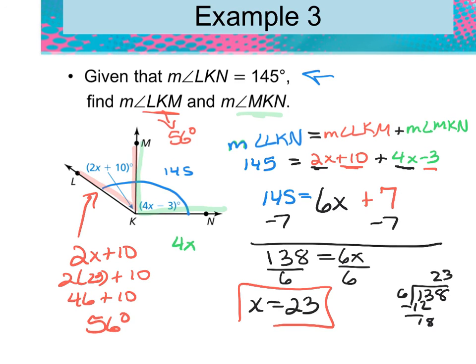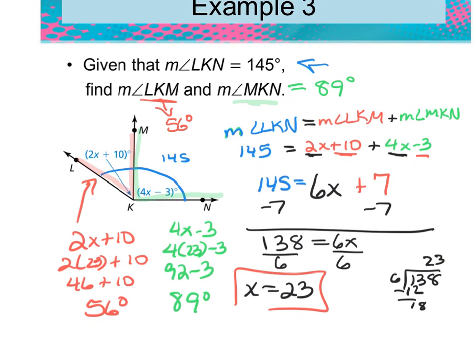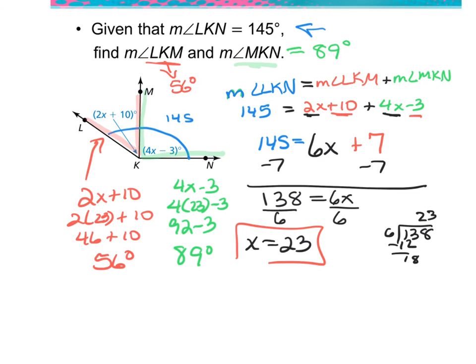I'm taking 4x minus 3, putting 23 in here, and then multiplying, I get 92 minus 3, and it's 89 degrees. So this one is 89. You could confirm that it is correct by going back and double checking, adding 89 plus 56. If this does not equal 145, you've done something wrong. So that is it for section 1.5.